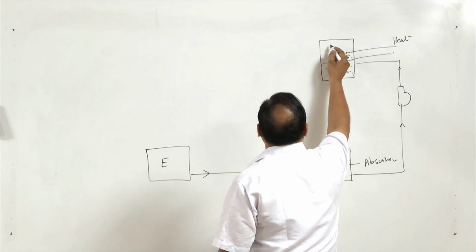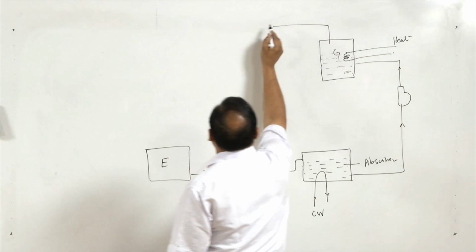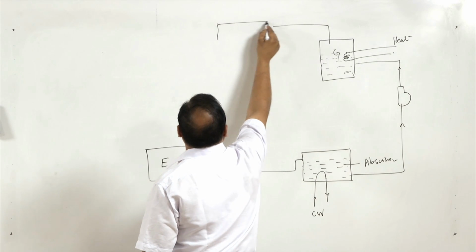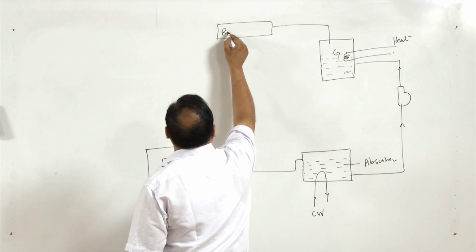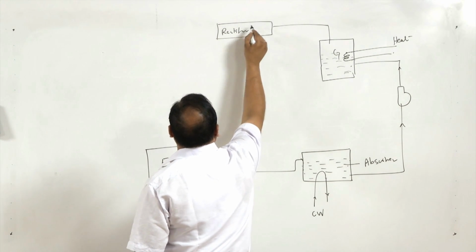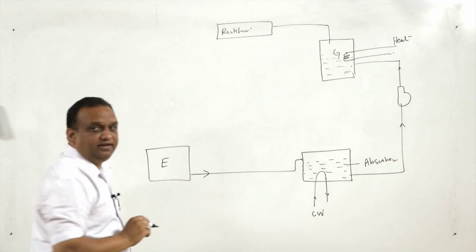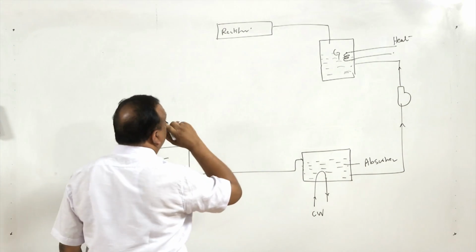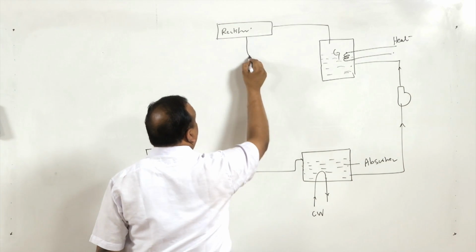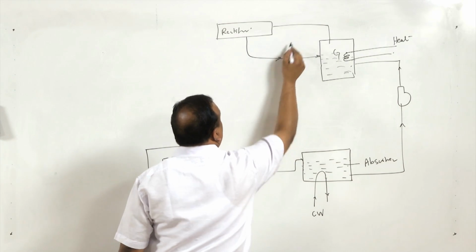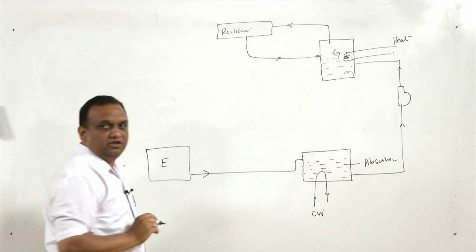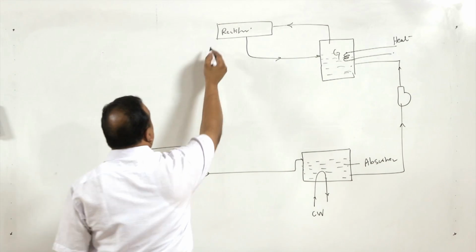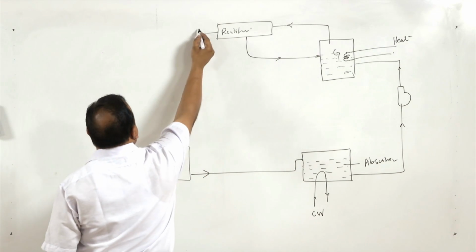So, the ammonia with traces of water goes to the rectifier. In the rectifier, the water is separated out and drained back to the generator, so that at the exit of the rectifier, we get pure ammonia.